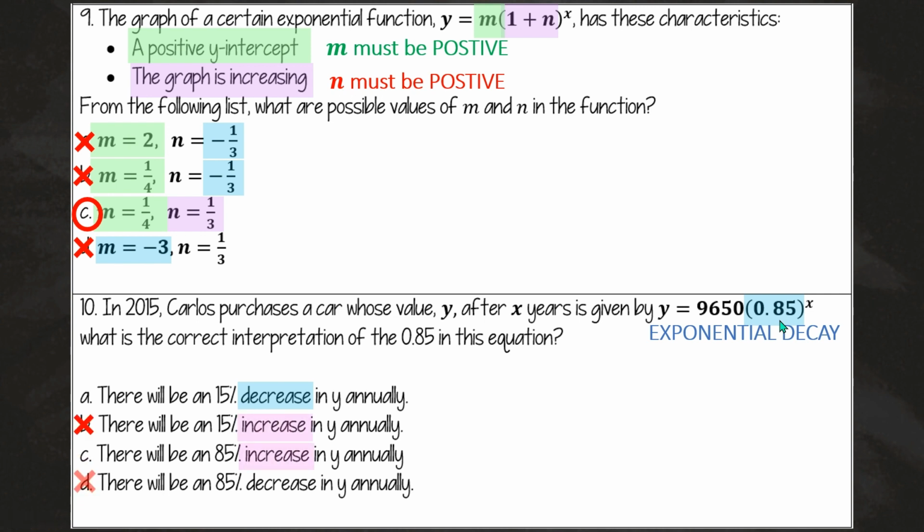It is decreasing, so we can eliminate B and C because those are talking about increases. But this does not mean it's decreasing at a rate of 85%. What it means is it's decreasing at a rate of 15% because the number 15 is what I had to take away from 1 in order to get the 0.85.